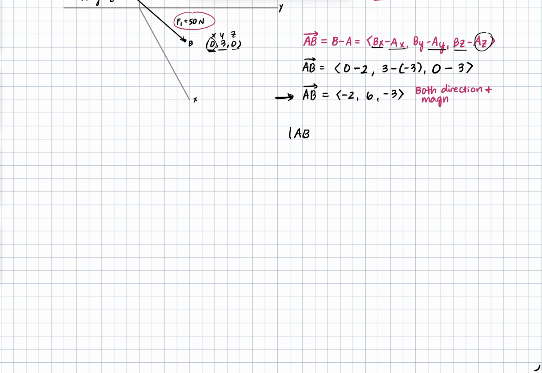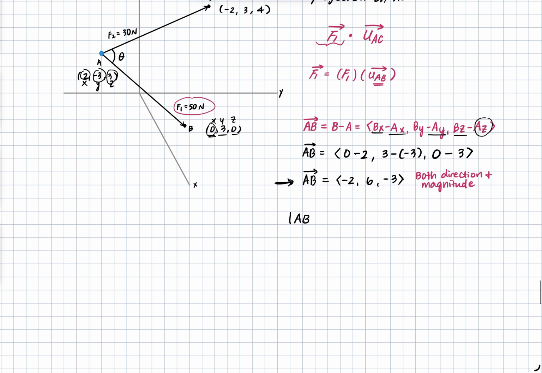But we only want the direction, because the problem is giving us the magnitude of F1. We just need to know the direction to get this force vector F1. So we're going to find the magnitude of AB and then divide this vector by it to get a direction that is unitless.